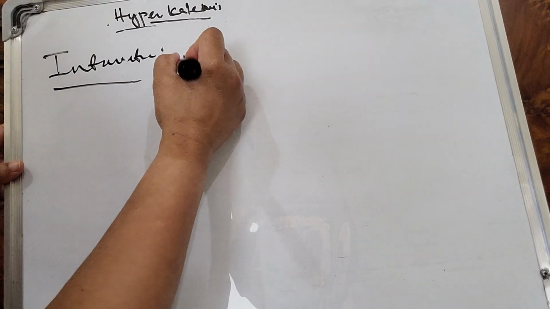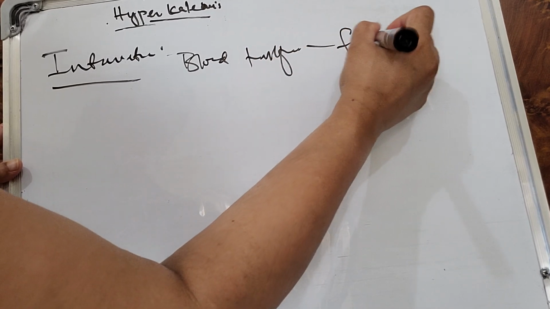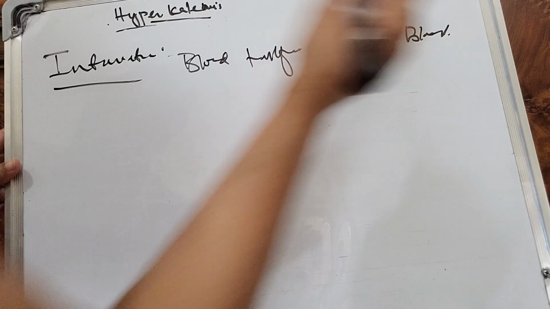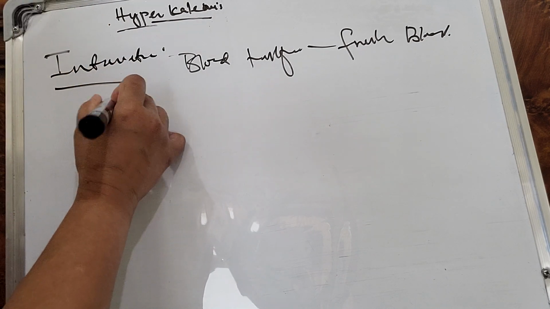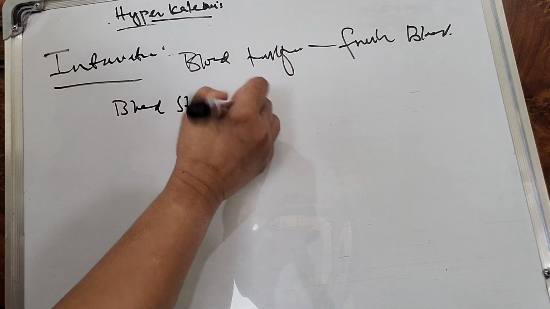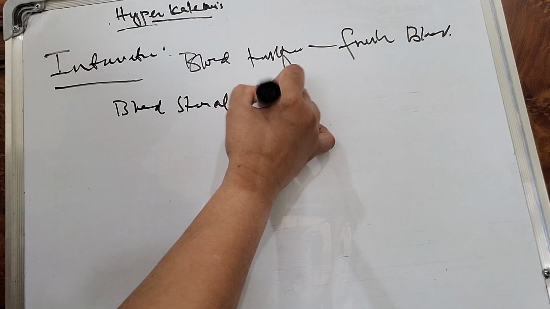Then blood transfusion is very important. Whenever we give a blood transfusion to a patient, always use fresh blood and try to avoid giving old blood. Why? When a blood transfusion is prescribed for a client with a potassium imbalance, the patient should receive fresh blood if possible, because transfusion of stored, older blood may elevate the potassium level.